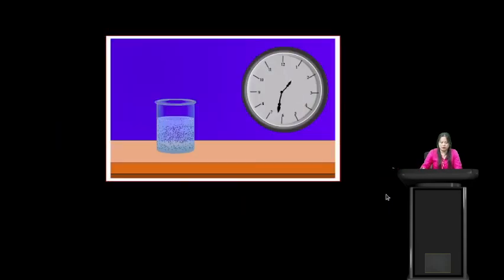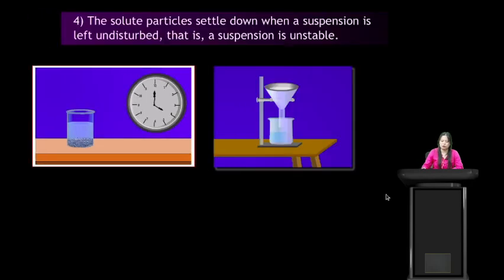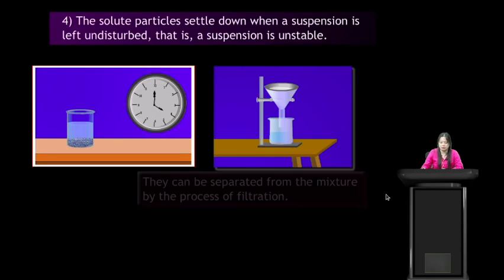Now when you mix soil with water and leave it undisturbed for some time, we will see that the soil particles settle down at the bottom, correct? So the solute particles settle down when a suspension is left undisturbed. That is, a suspension is unstable.